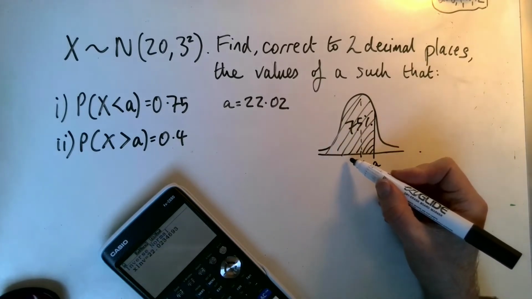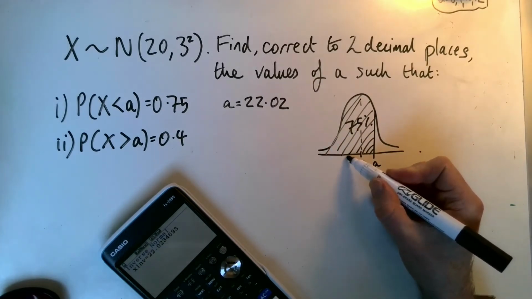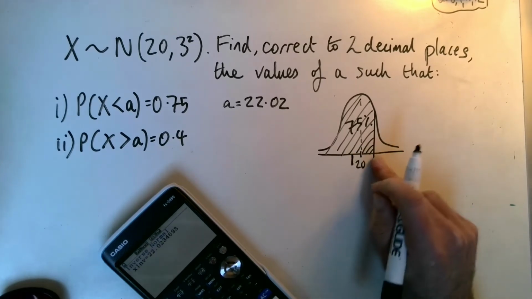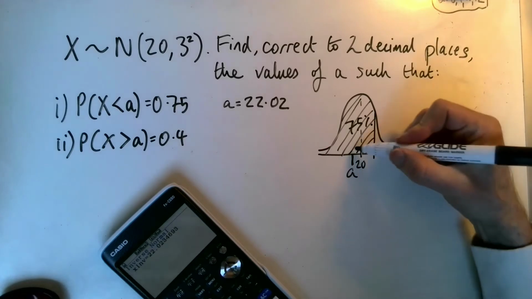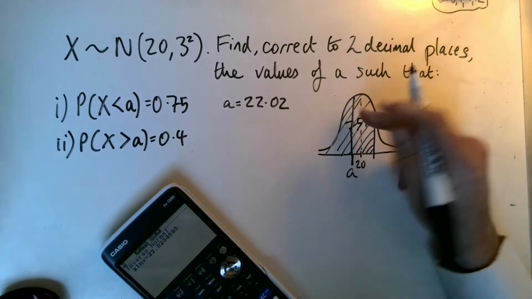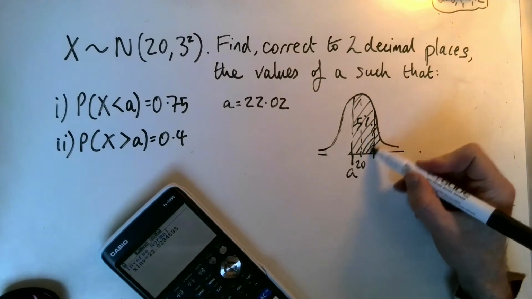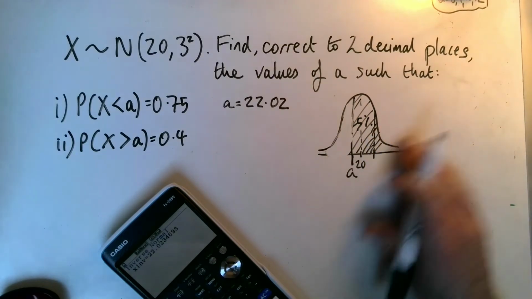It's only 0.4 this time, so we have got less than a half, so perhaps our new A is just here, but this time we don't want that. We want, yay, that's rubbish, isn't it?